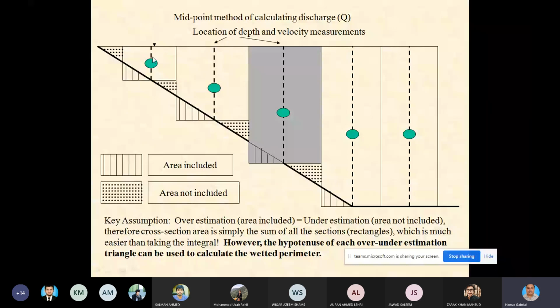So हमारे पास आ जाएगा, और अगर हम सबको सम अप कर लें तो हमारे पास टोटल डिस्चार्ज होगा.